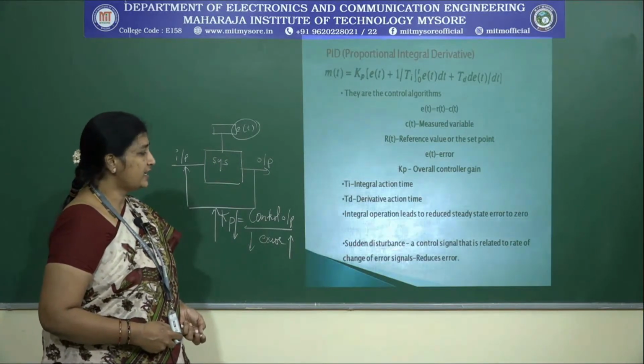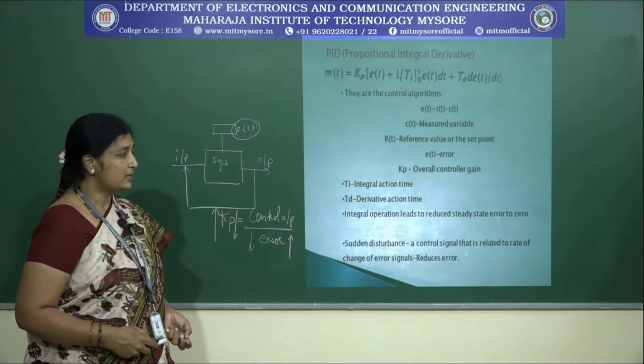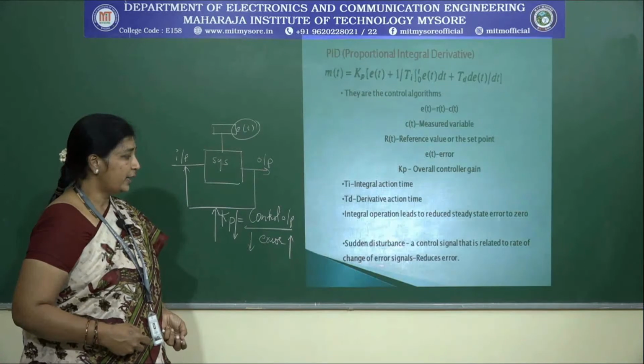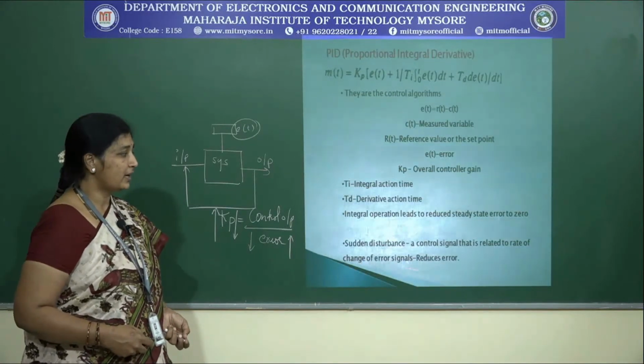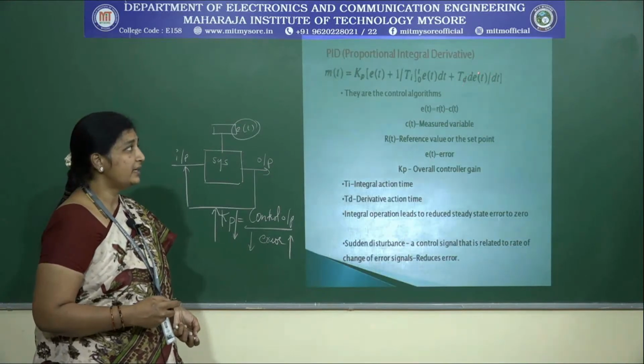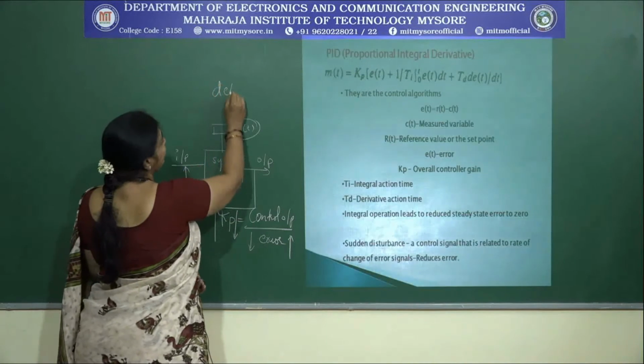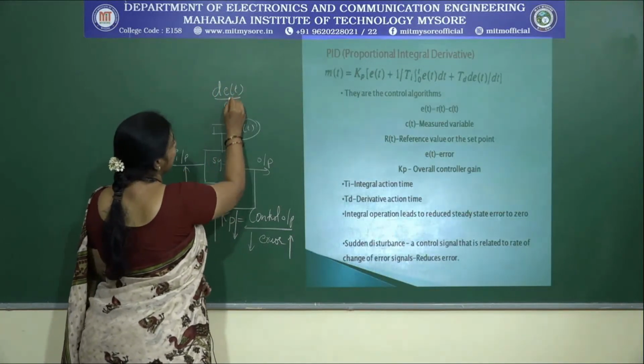Okay. Then if there is any sudden disturbance in a plant, a control signal related to the rate of change of error will reduce the error. So what happens here? You have dE(t)/dt, correct?